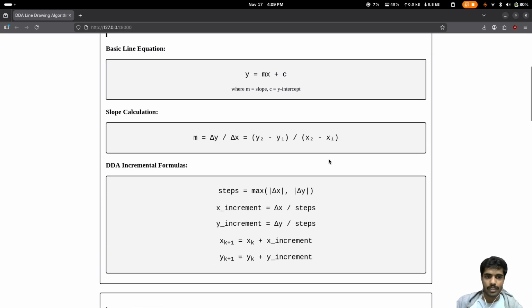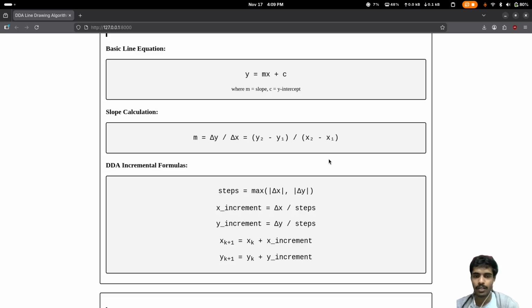So the DDA algorithm helps us find this m. Basically, how much you need to increment each x and y coordinate so that it will eventually reach the end point.